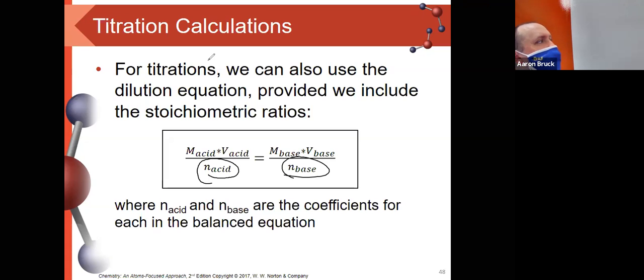So in a lot of cases, at least for acid and base, 1 or more of those is usually 1. In the titration that you did this week, acetic acid with sodium hydroxide, those reacted in a 1-to-1 ratio. So in that case, the denominators were both 1. Makes the math really easy to follow.